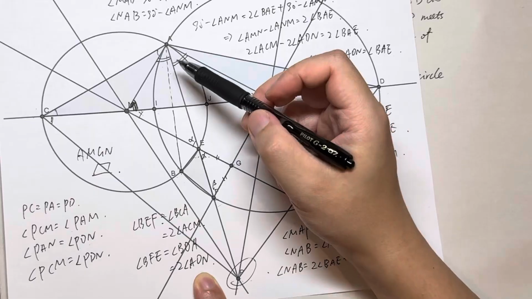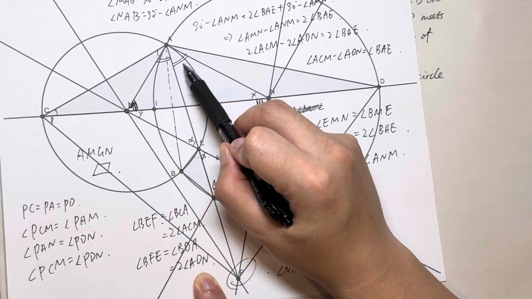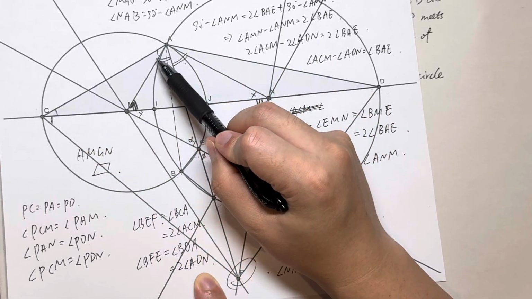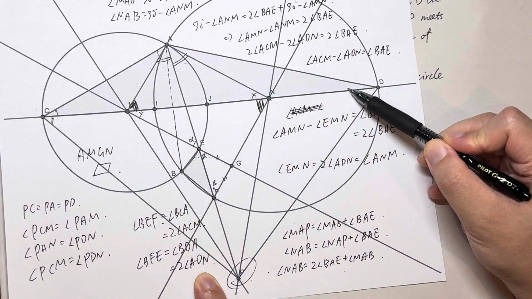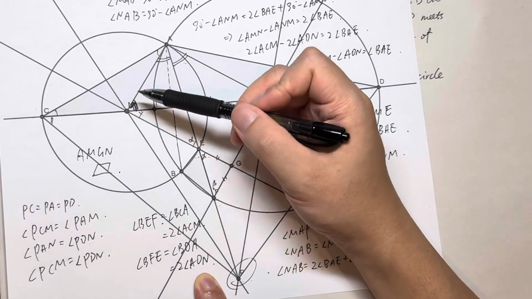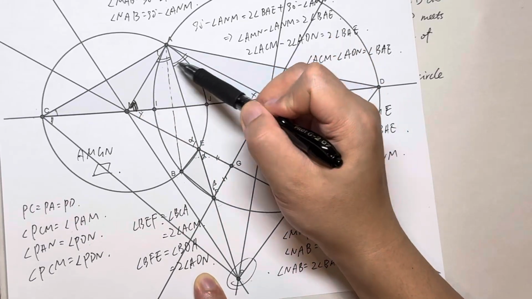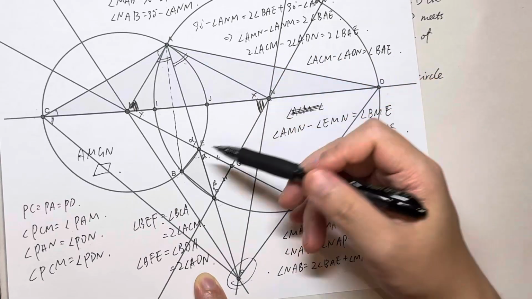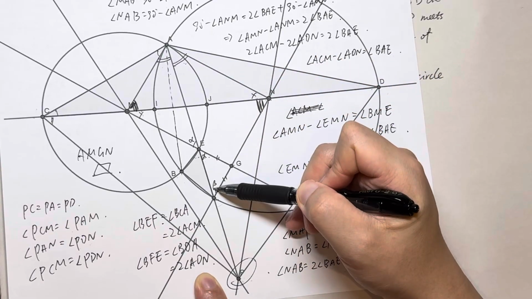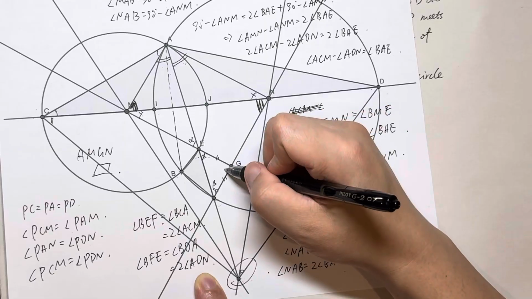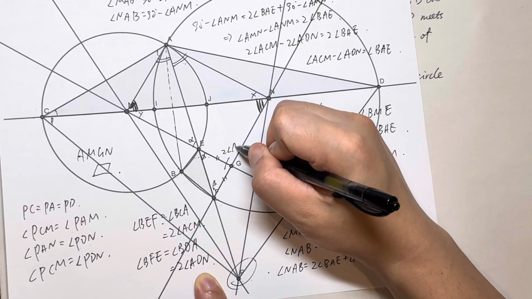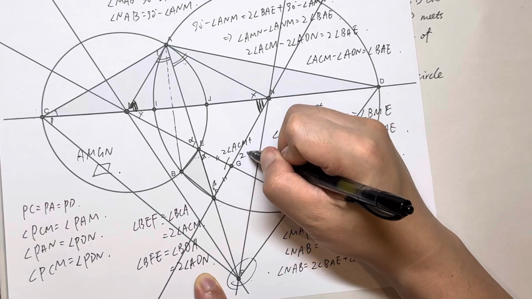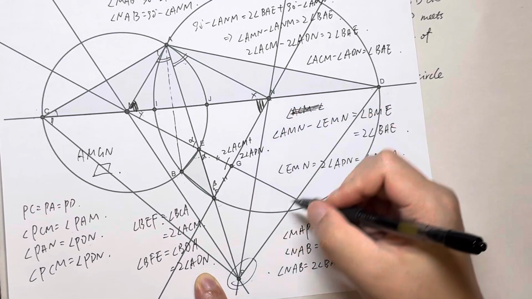So twice of MAP plus twice of angle ACM plus twice of angle ADN equals 180 degrees, which means the angle EGF is twice of angle ACM plus twice of angle ADN.